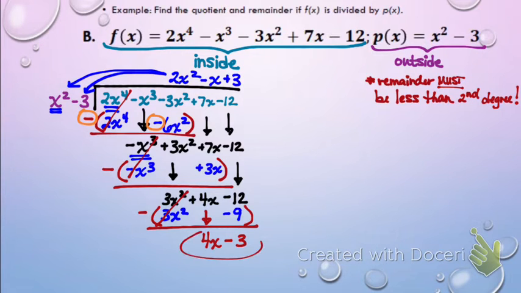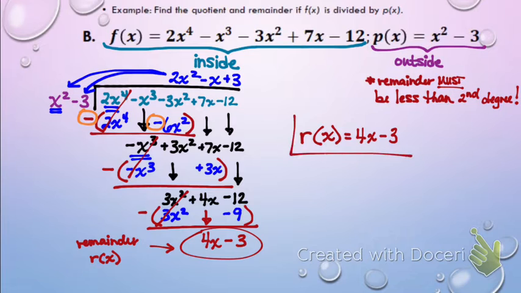So here's my remainder, r of x. So r of x is equal to 4x minus 3. That's not the only thing I was after, though. I was asked to find r of x and what? q of x.